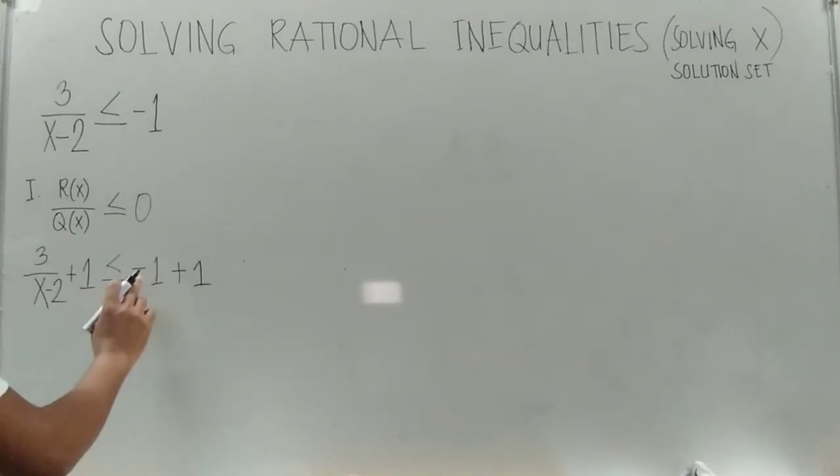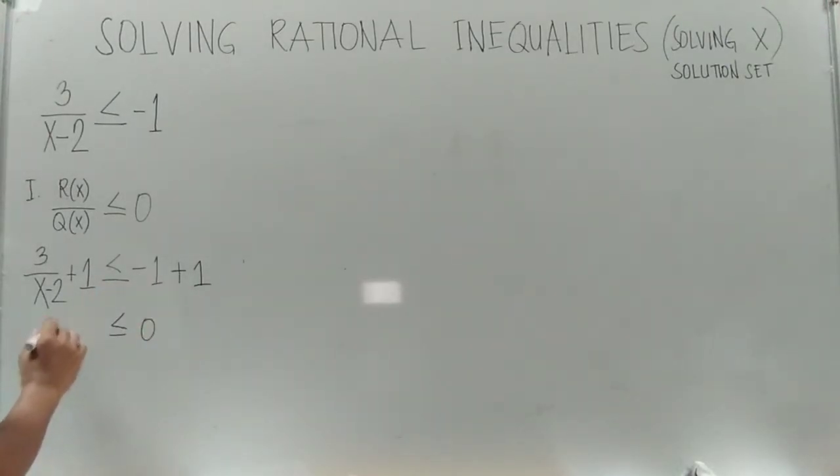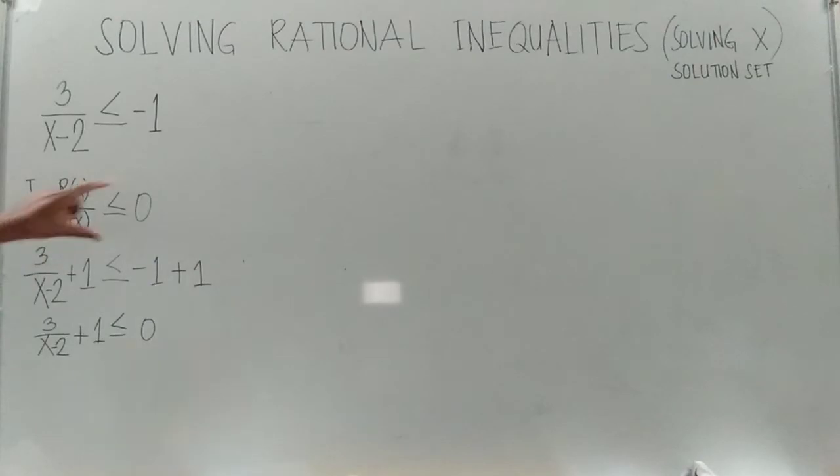Okay, so negative 1 plus 1 is 0. And copying the given, you have your 3 over x minus 2 plus 1. So we have it in this form, but we are not done yet.